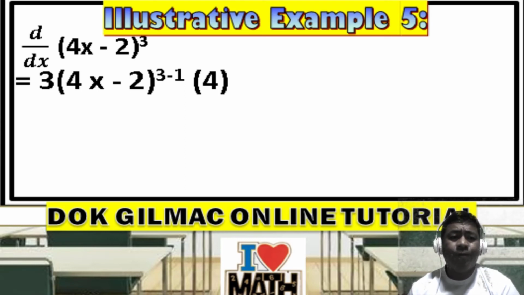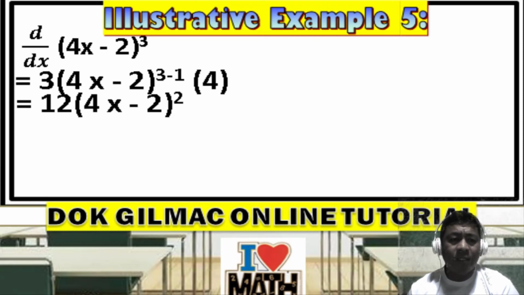Take note, the derivative of 4x minus 2 is 4, since the derivative of 2, which is a constant, is 0, and then the derivative of x is 1. Simplifying further, we have here 4 times 3 is 12, times the quantity 4x minus 2 raised to 2.